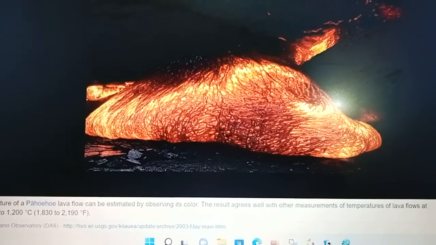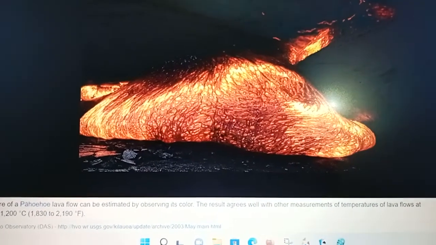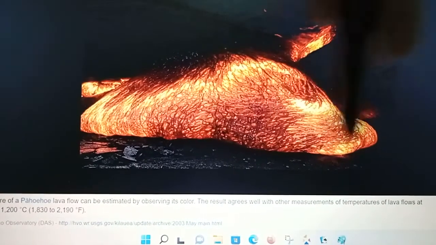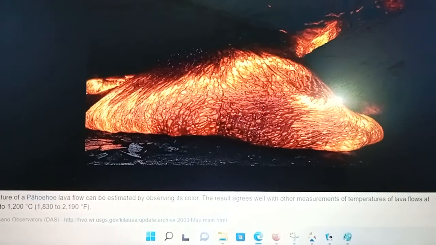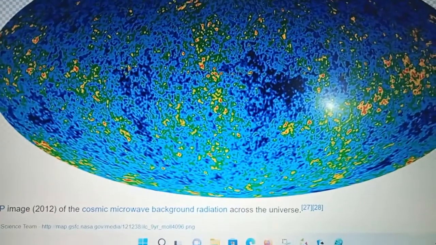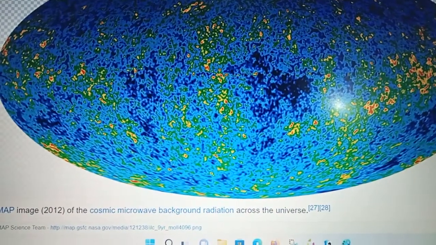That means by observing the color itself, we can predict the temperature. Here, as the color is like this, the temperature will be around 1200 degrees Celsius. This is our electromagnetic radiation, or background radiation, of our universe.